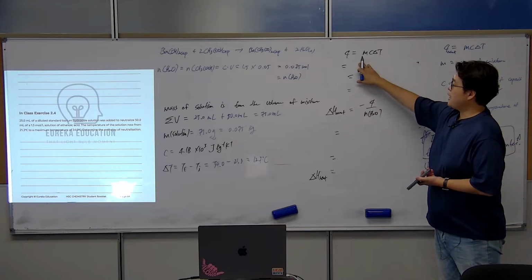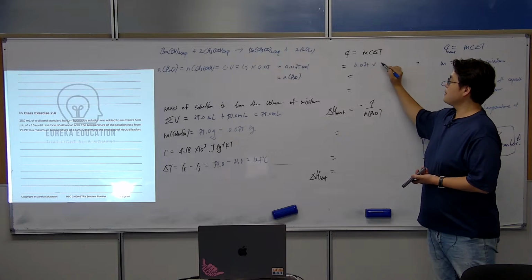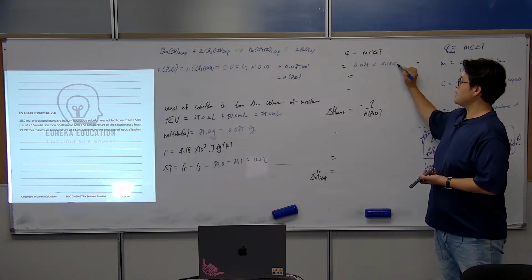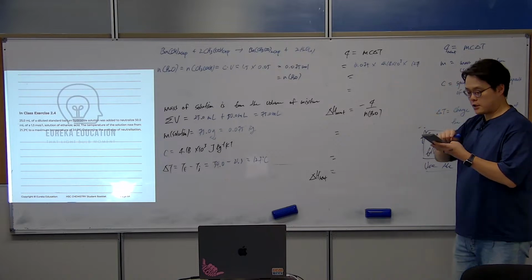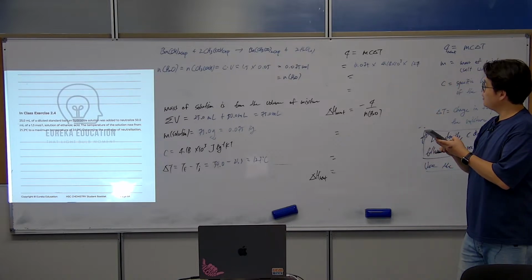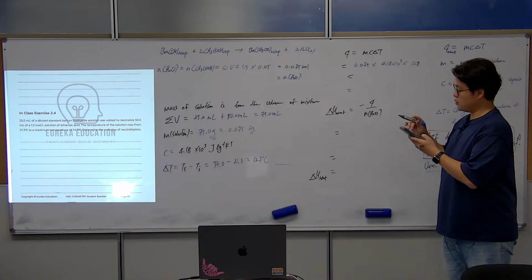Then Q equals mcΔT that we have been given. 0.075 times the c, 4.18 times 10 to the power 3. That times 12.7.